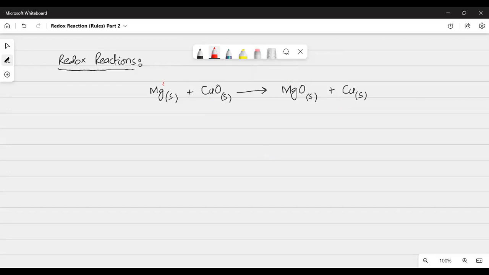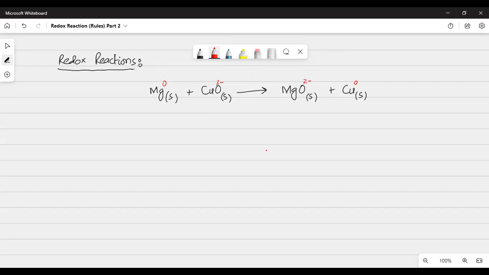So definitely magnesium is zero over here and copper is zero over here. You have seen oxygen to be -2 most of the time. So probably this oxygen is 2 minus, as well as this oxygen is 2 minus.